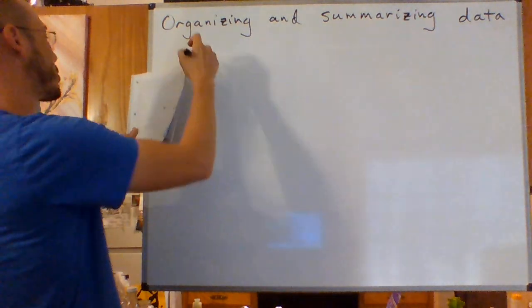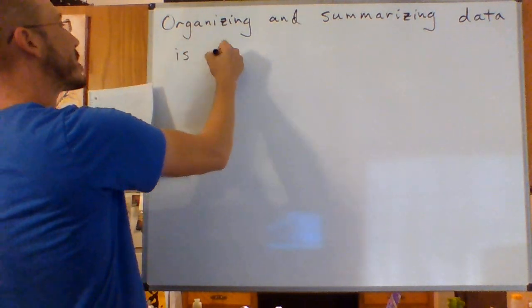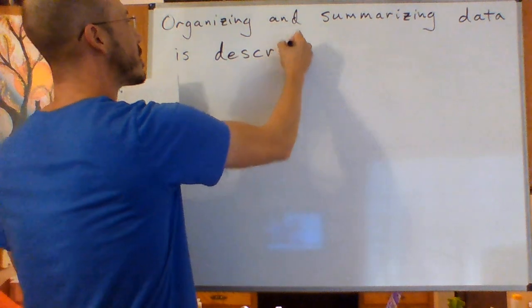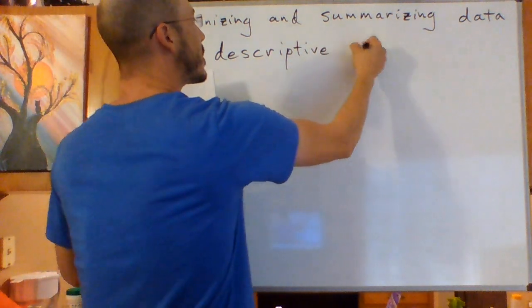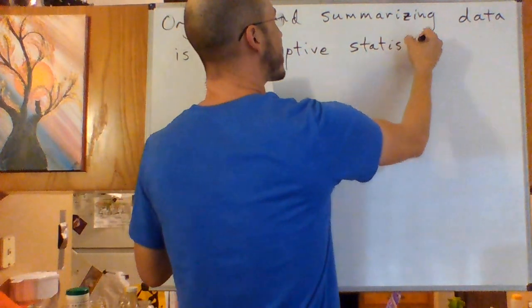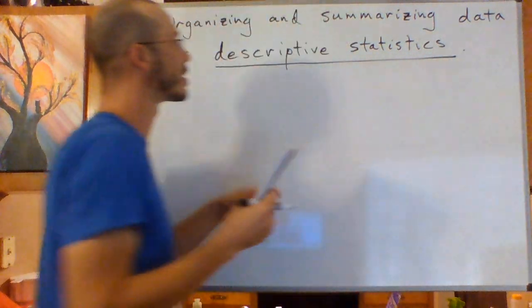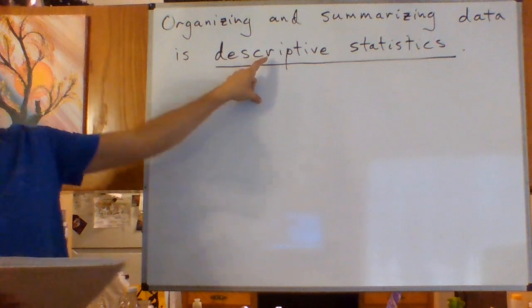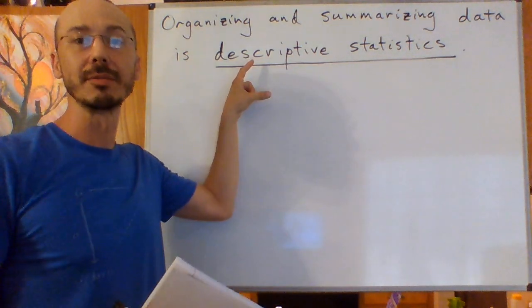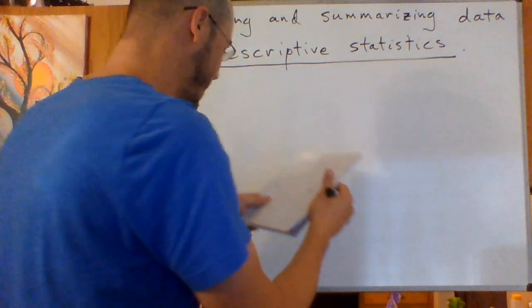But organizing and summarizing data is descriptive statistics. So with descriptive statistics, you can see in the root of this word, we're going to describe the data, which is the first step.